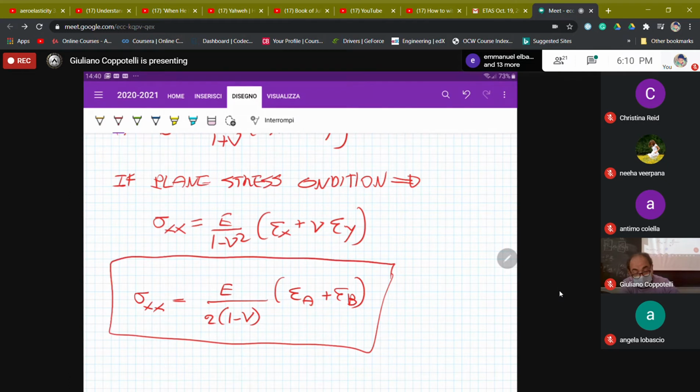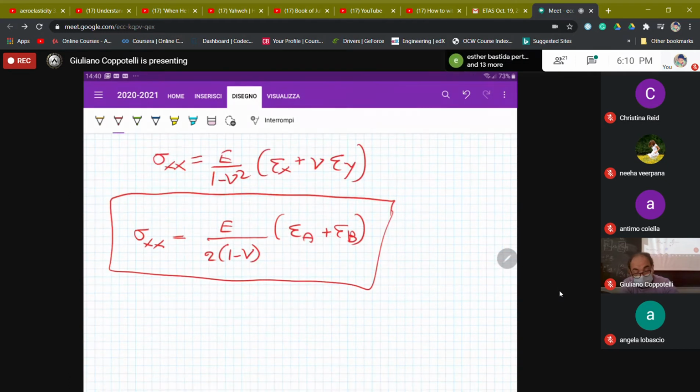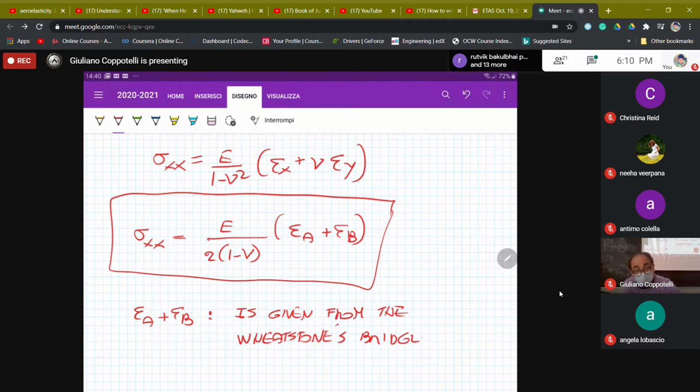Generally, the sum epsilon A plus epsilon B is given from the Wheatstone bridge configuration measurement.